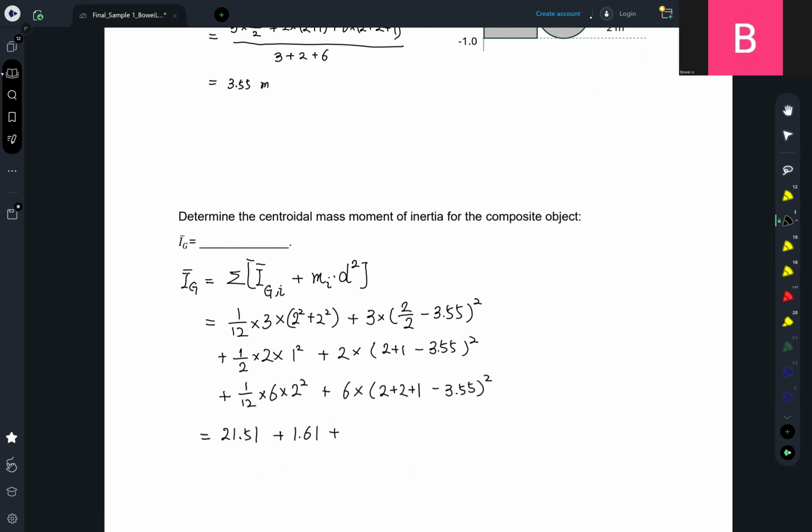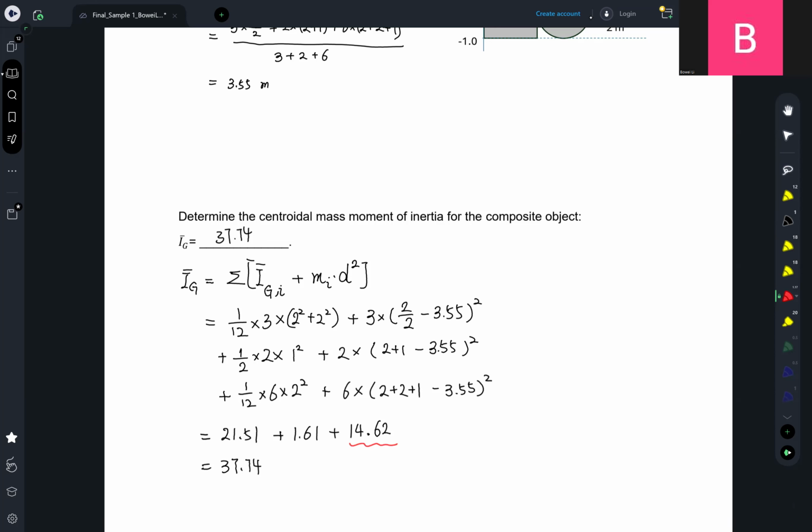We have it equals 14.66 and 2. If we take the summation of that, it equals 37.74.